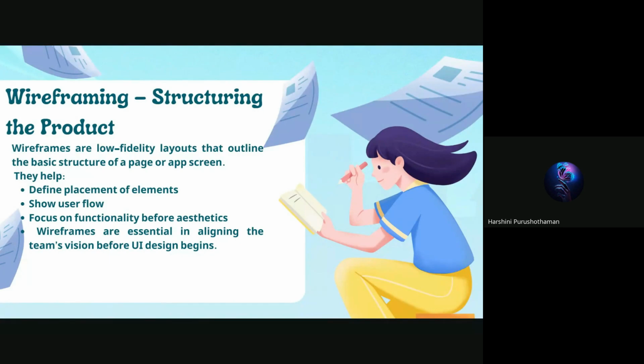Defining the placement of the elements at a very early stage is very important, because in the further stages there are no position changes in the application, only suitable element choosing. Also, high fidelity shows user flow. User flow is nothing but how the user is going to travel through the application, the journey of the application, what the user is going to click, and where the application is going to navigate after the user's click.